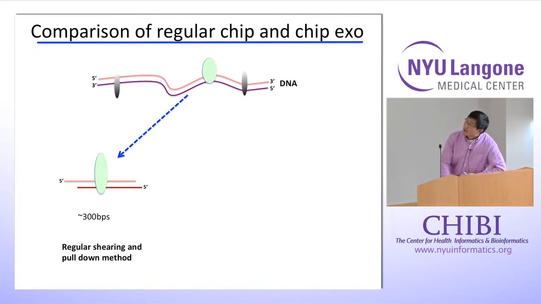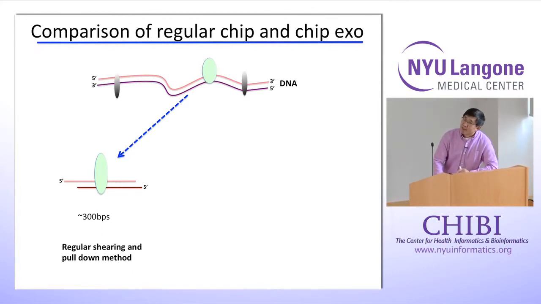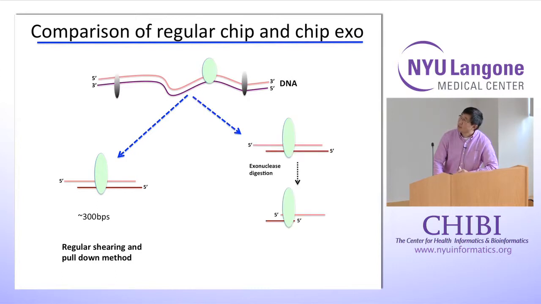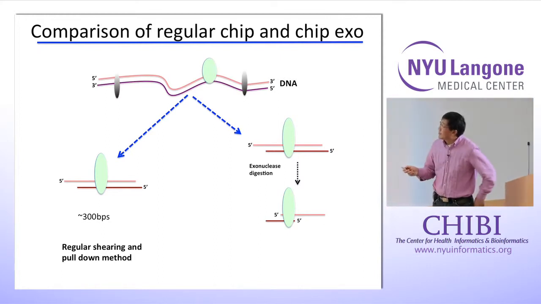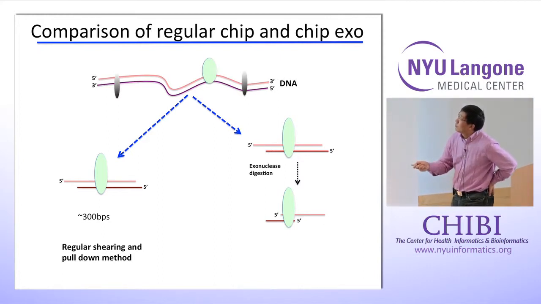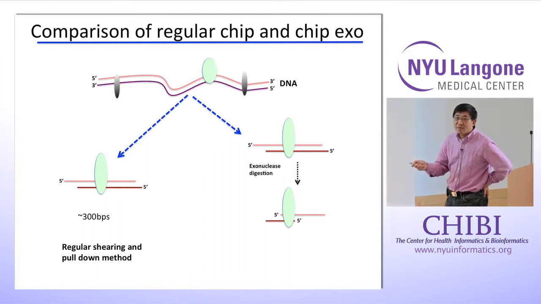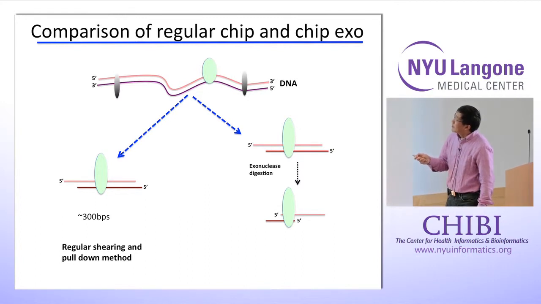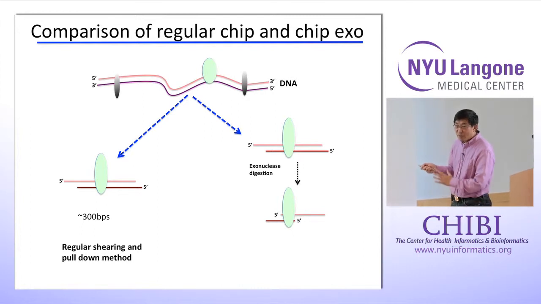And this is a comparison between two experimental protocols. One is called regular ChIP-seq, another is ChIP-exo. What ChIP-exo does is that we do exactly the same experimental operation, but ChIP-exo adds one more step: using an exonuclease to digest the DNA fragment from 5' to the end.